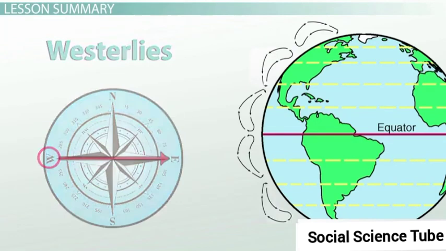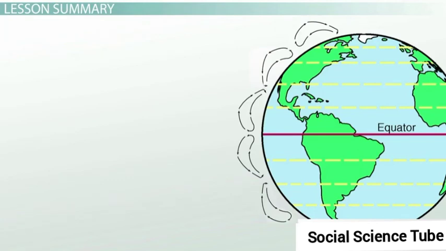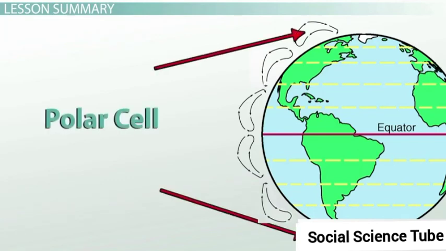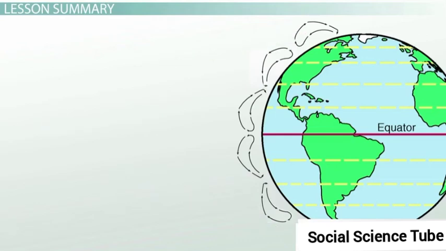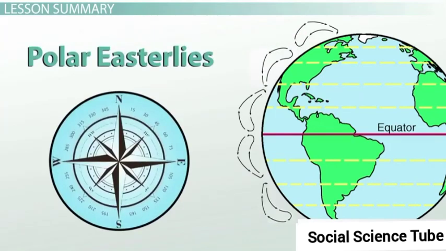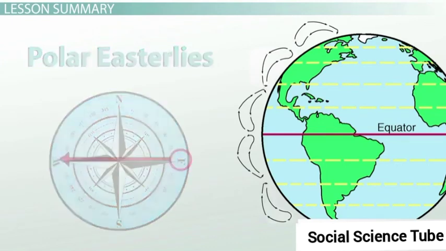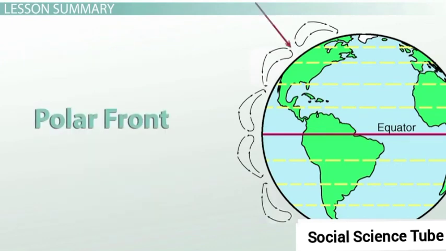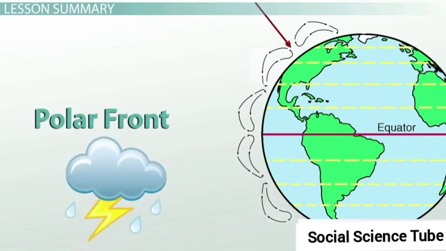The Ferrell cell meets up with the third and final windy belt, the polar cell, around 60 degrees north and south latitudes. The polar cell is home to the cold, dry polar easterlies, which blow from east to west, and when these meet up with the warm, moist air of the Ferrell cell, they create the polar front. This is our final windless girdle on Earth, and along here we find many storms because when two different air masses meet, they have a difficult time agreeing on what the weather should be.